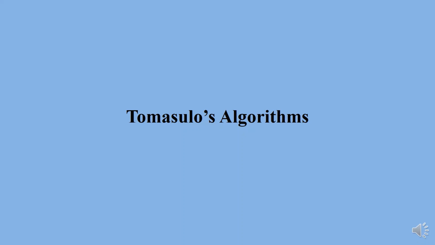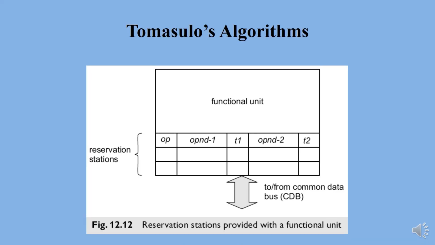Recall that for register renaming, we need a set of program-invisible registers to which programmable registers are remapped. Tomasulo's algorithm requires these program-invisible registers to be provided with the reservation stations of functional units. Let us assume that the functional units are internally pipelined and can complete one operation in every clock cycle.